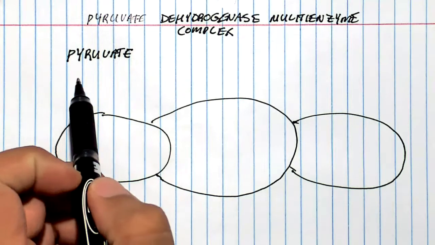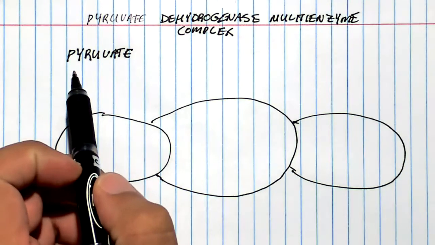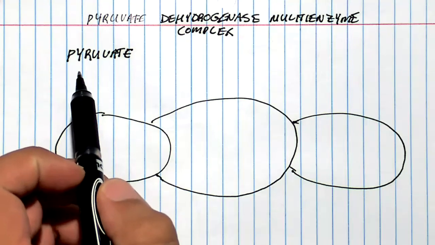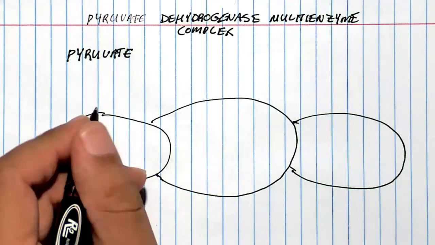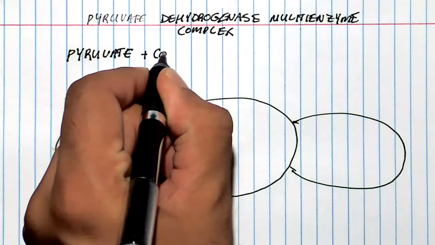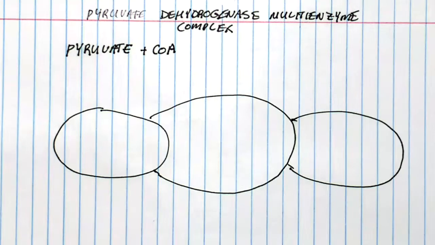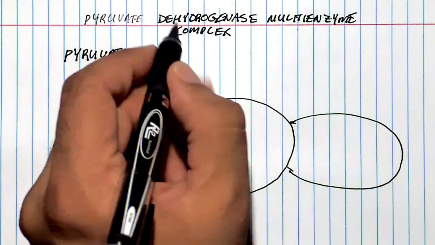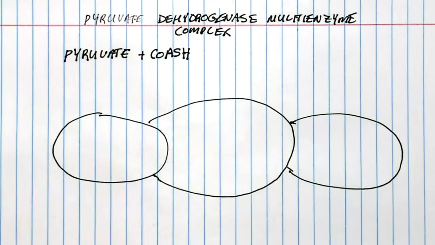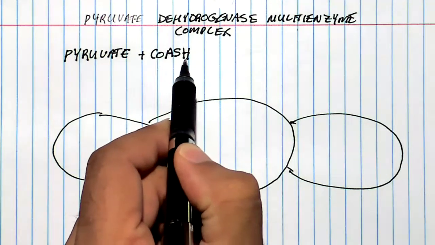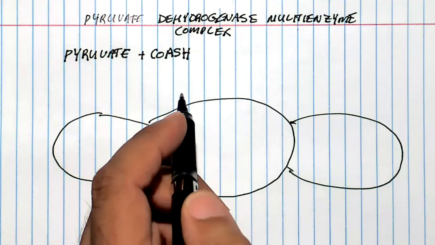Now this pyruvate came from glycolysis, converting glucose to pyruvate in the 10-step pathway known as glycolysis, plus this high-energy molecule known as coenzyme A, or CoASH, because the thiol group really is the carrier.